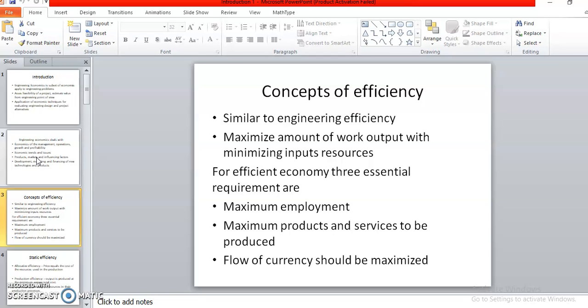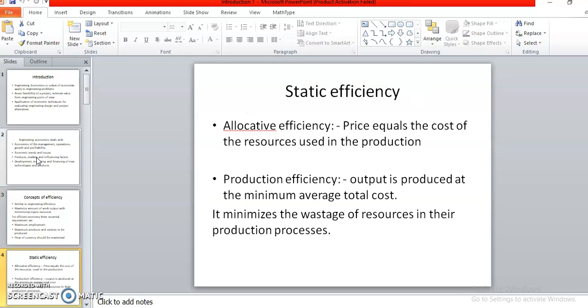For an efficient economy, these three factors influence efficiency: maximum employability, maximum output of products and services, and the flow of currency. This is the concept of efficiency, which is similar to engineering efficiency, but here we relate it to the product and the resources used to obtain that product.